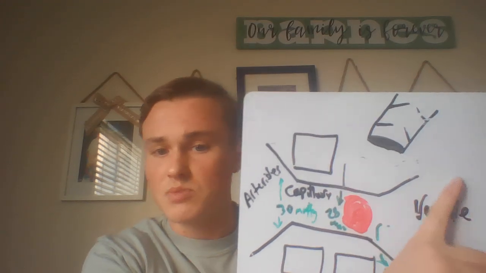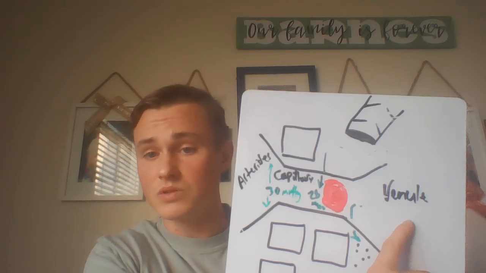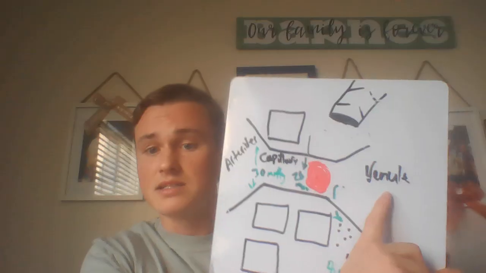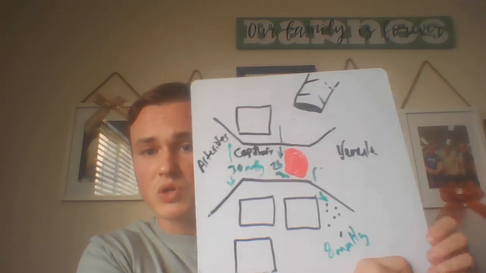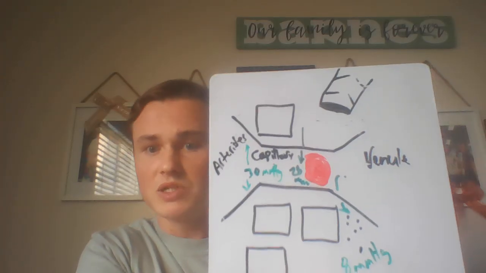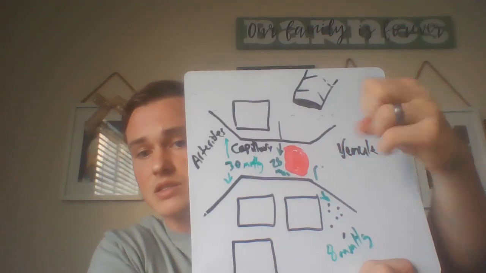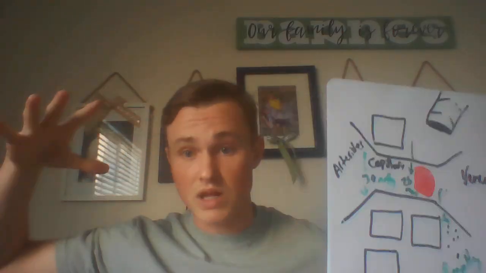If it gets backed up, then we're going to see more and more pressure build up, and this will have a higher number. Instead of 7 millimeters of mercury or 8 millimeters of mercury, it'll be maybe 30 millimeters of mercury, in which case we'll see more fluid being pushed out into the cells, into our tissue, and we're going to get swelling.